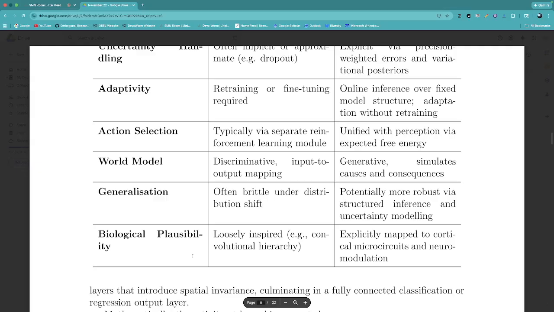I don't know if I buy it. I'd have to see some sort of test, but yeah. And then biological plausibility. In deep learning, it's loosely inspired. So if you use a convolutional hierarchy, that's supposedly biologically plausible. But in active inference, we explicitly map things to cortical microcircuits and neuromodulation.